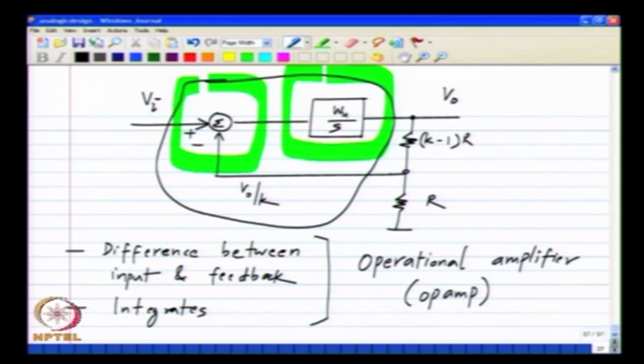It is an extremely useful block which has probably been used billions of times, and it has a facility to take the difference between the input and the feedback quantity, and it also integrates the difference.